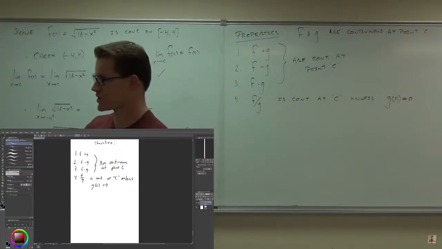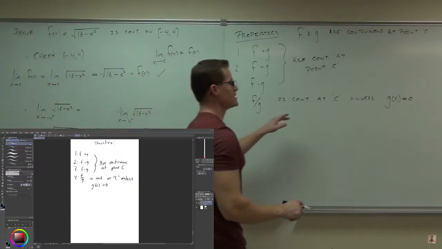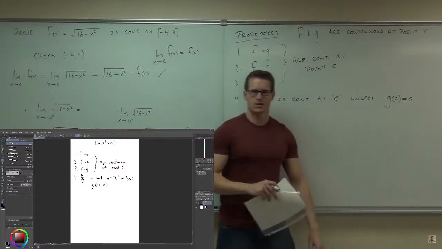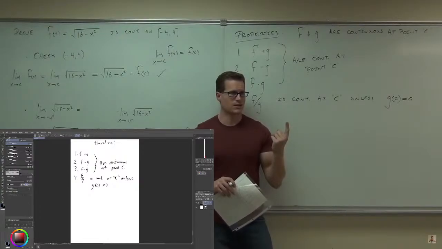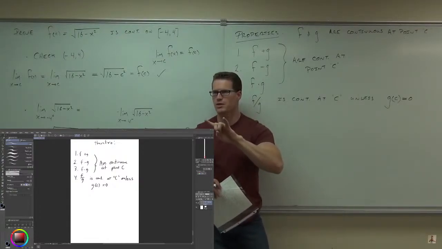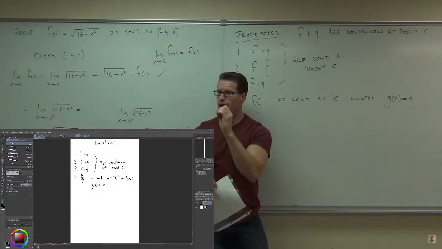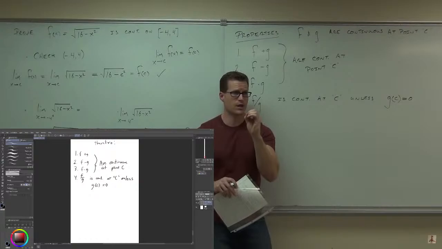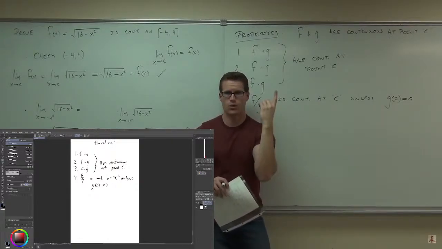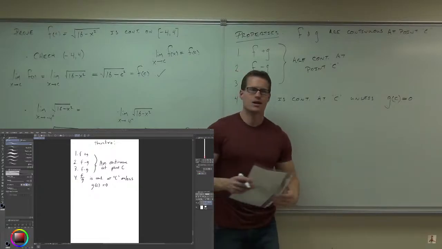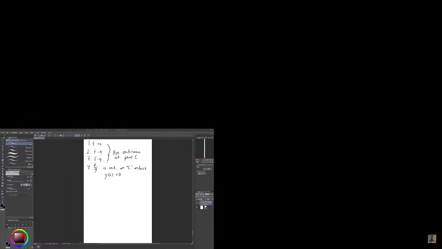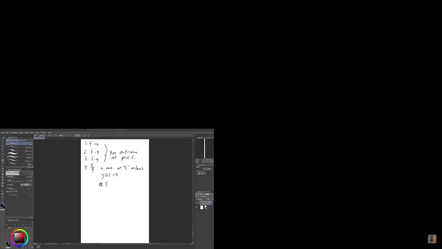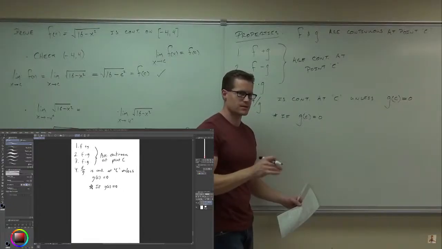If g of c does equal 0, what does that tell you about your function? Firstly, is it continuous? Secondly, I hope you remember this: there were two cases when you divided by 0. Name one. A hole or an asymptote. So, if g of c does equal 0, there is a discontinuity at c.